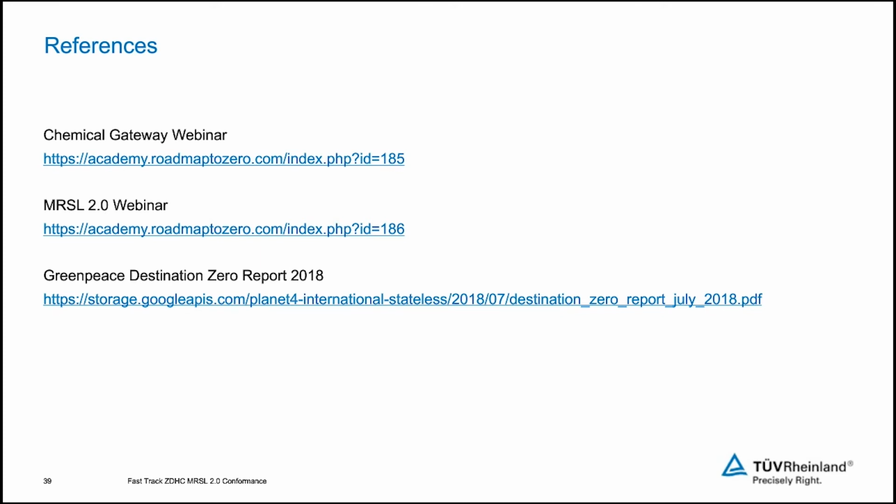So the situation being described is that a manufacturer has applied for level 1 conformance and level 3 conformance. Is there a difference in the format of the output report, which is given by TÜV Rheinland? And is there a difference in what is uploaded onto ZDHC or what can be downloaded as a ChemCheck report?